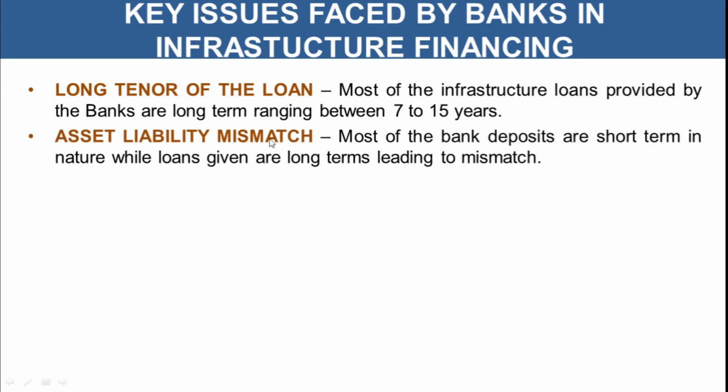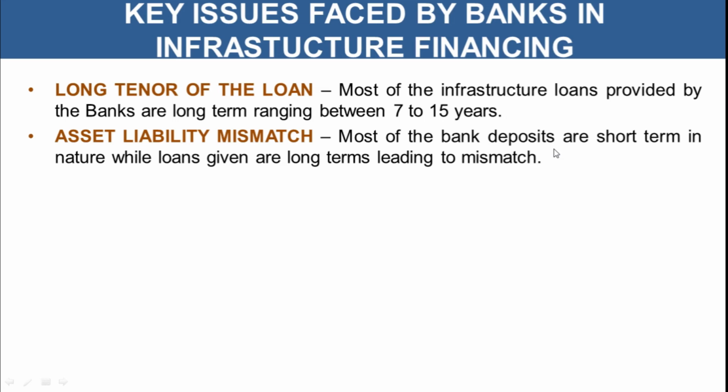Then asset liability mismatch. Most of the bank deposits are short term in nature. So whether we talk about saving account deposit, current account, even the fixed deposits, they are for a limited tenure. And so bank deposits are like liability for any bank or financial institution. So they pay the required interest rate to the public for depositing money with them.